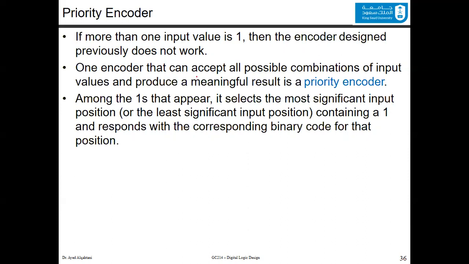One encoder that can accept all possible combinations of input values and produce a meaningful result is the priority encoder. So the priority encoder will accept inputs that have more than a single logic 1.